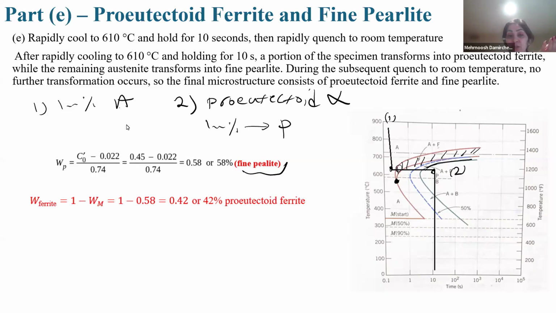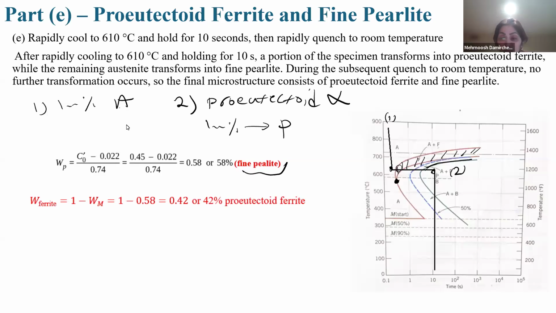Okay, again, we use the lever rule. I don't think we need to talk more about the lever rule that we had in the phase diagram. Fine perlite weight percent, exactly use the equation that we used for the perlite in the phase diagram, and 100 minus that is the weight percent of the proeutectoid phase, which here is proeutectoid ferrite.